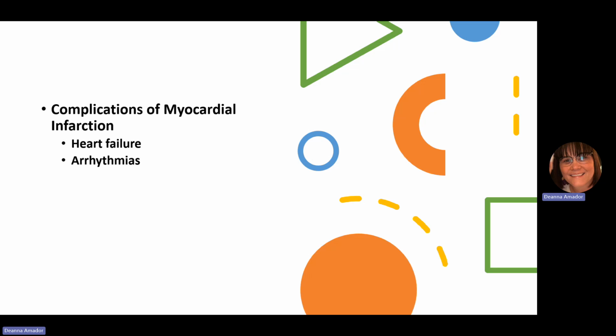So anytime you mess around with the heart, regardless of how you're doing it, patients can have dysrhythmias. Depending on the type of infarction they're having, some of them are more susceptible, but just know that this is something that we definitely watch for post-STEMI.